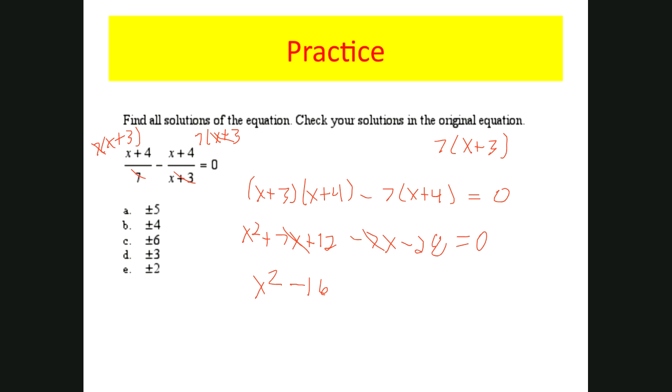Oh, I like that. That's a difference of 2 squares. x plus 4, x minus 4. So my answer is plus or minus 4. Wow, that one turned out a whole lot nicer than I thought it was going to when I was multiplying it out. But you just have to remember the rule: get rid of those denominators. Because once you do, then it just becomes a regular equation to solve.